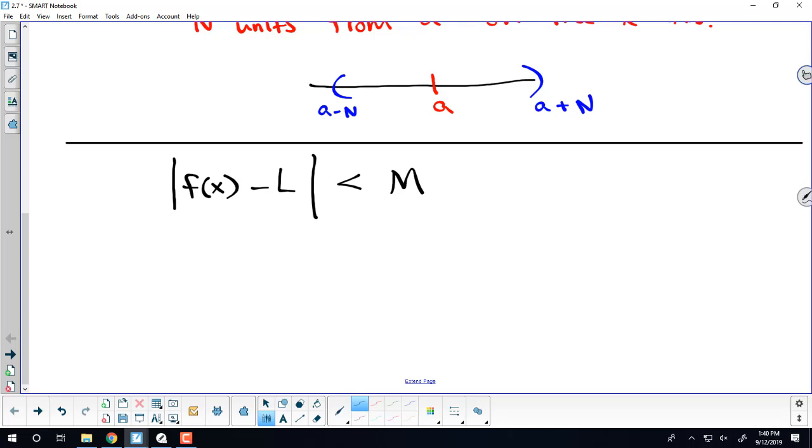Probably m units from L on the y-axis, right? Yep. So we're m units from L on the y-axis.